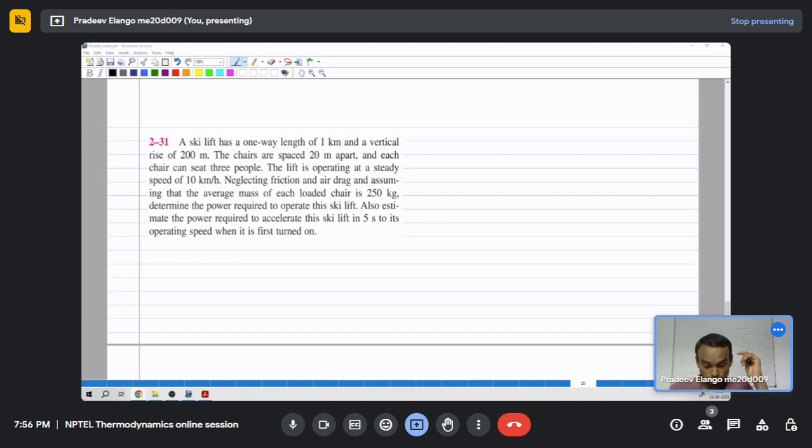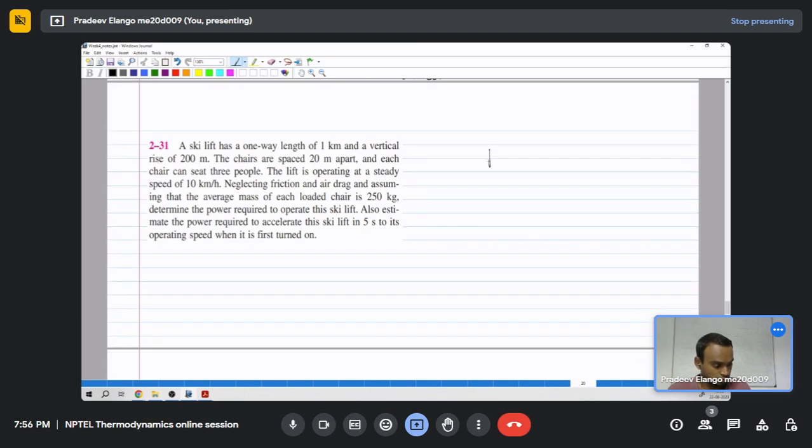So the sky lift is connected from a base station to the top station, and if you see from the top, there will be chairs hanging on this.